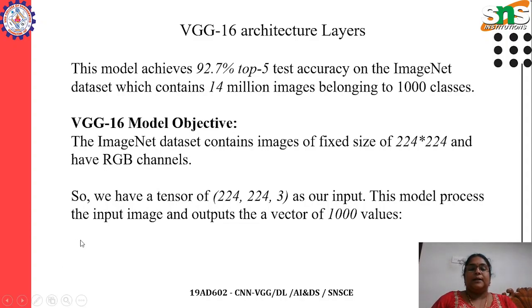The ImageNet dataset contains images of fixed size 224 by 224 with RGB channels. So we have a tensor of 224 by 224 by 3 as our input. This model processes the input image and outputs a vector of 1000 values. This is considered a very good advantage of this model.